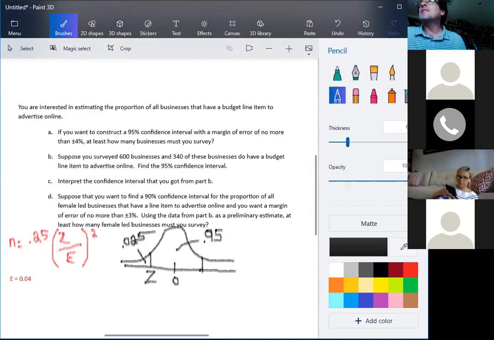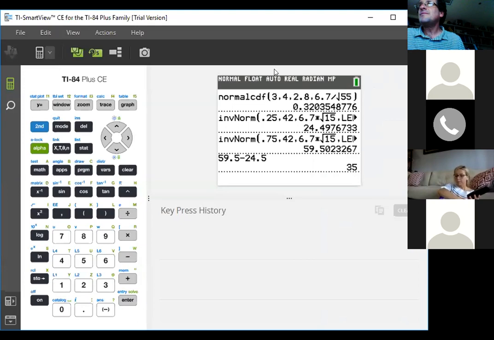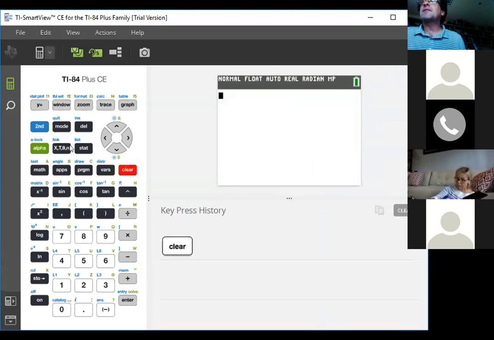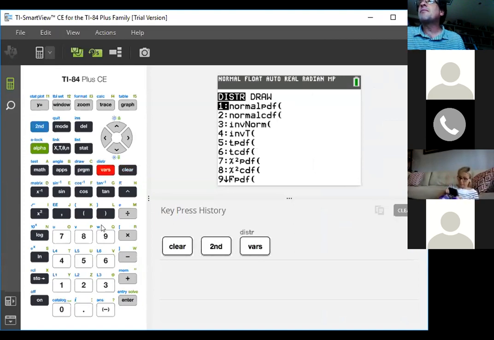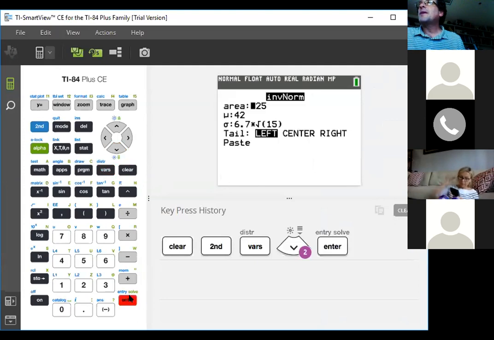So now let's do a new share and show the calculator. Let me clear what we used to have. I'm going to go to second distribution, and go to inverse norm. Enter. Depending on the calculator, it'll look different.